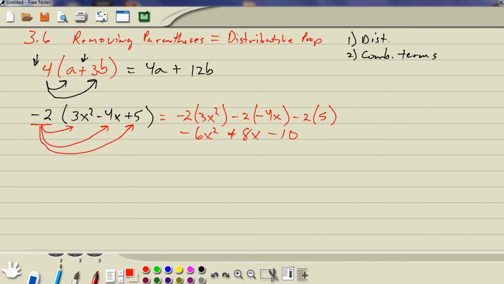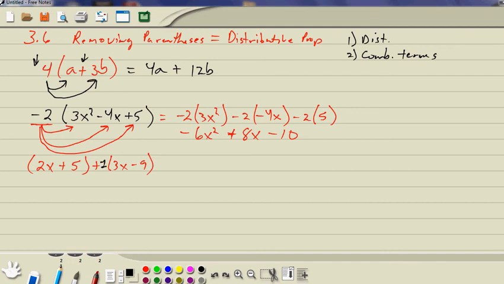Another example. Well, what if I have 2x plus 5 plus 3x minus 9? Okay, notice that if we're going to do the distributive property, I see that there's nothing outside the parentheses here. Here I have what's essentially a positive 1.